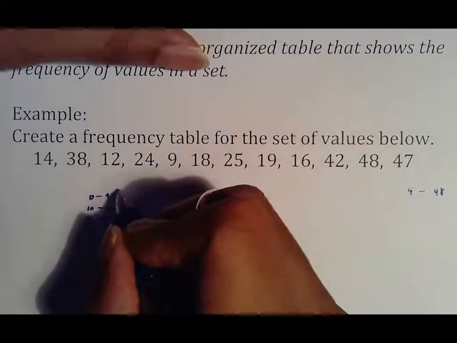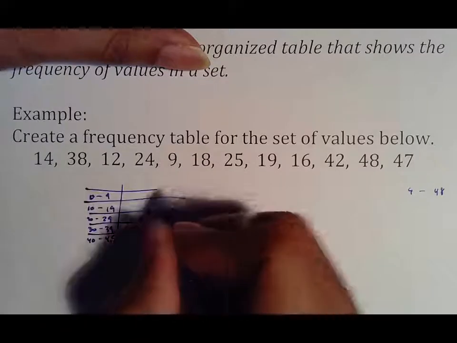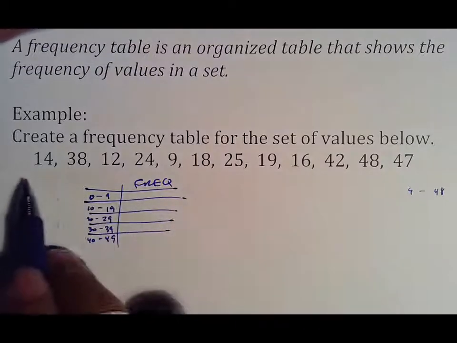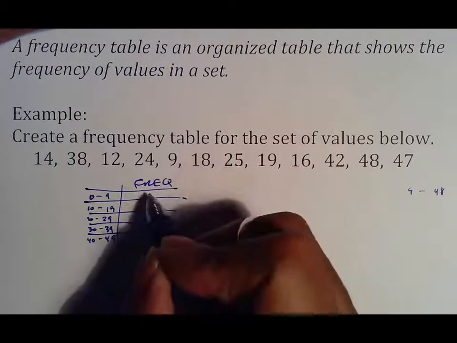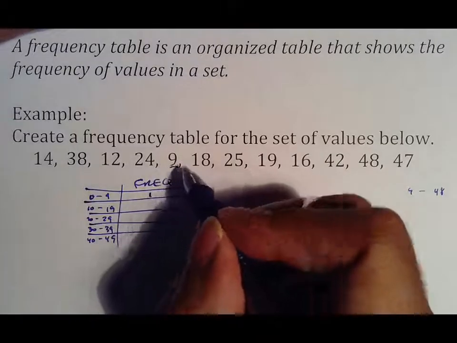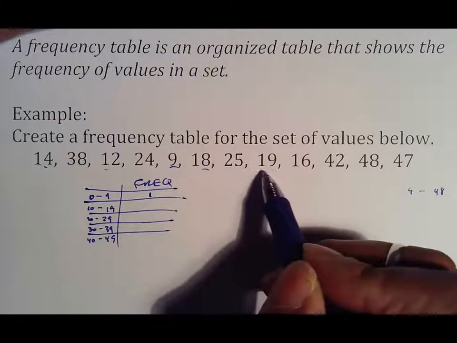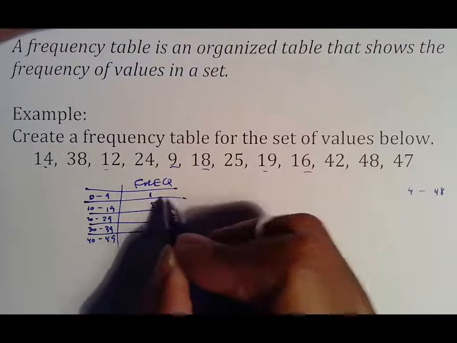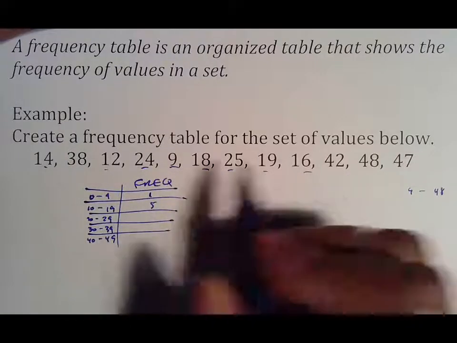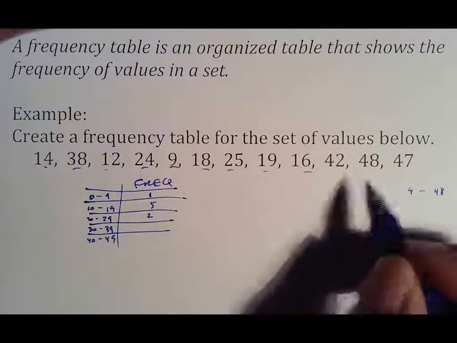So anyway, your frequency table is just letting you know how many times something happens. So 0 through 9, I see one number. 10 through 19, I see one. Actually, let's mark it. I see 1, 2, 3, 4, 5. 20 through 29, I see 2 of them. 30 through 39, nope.